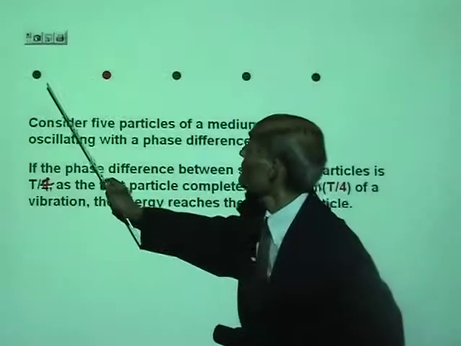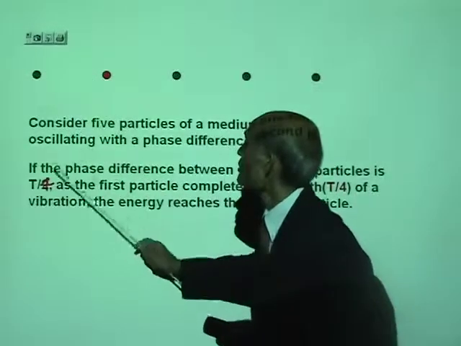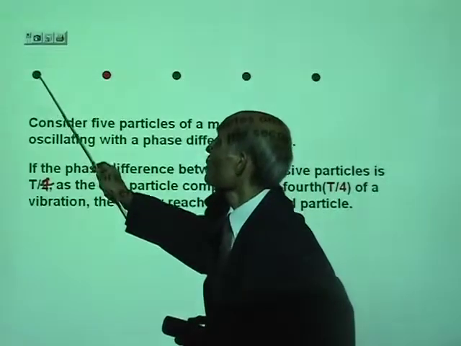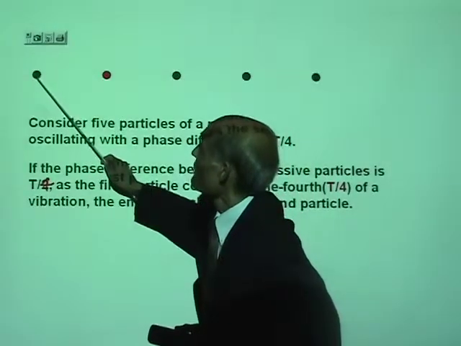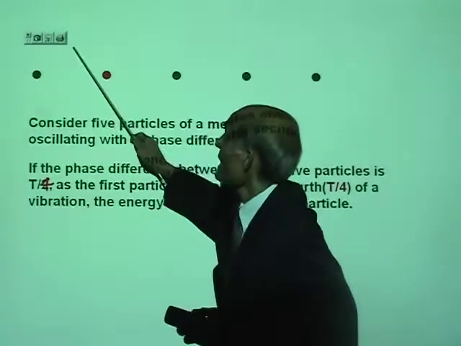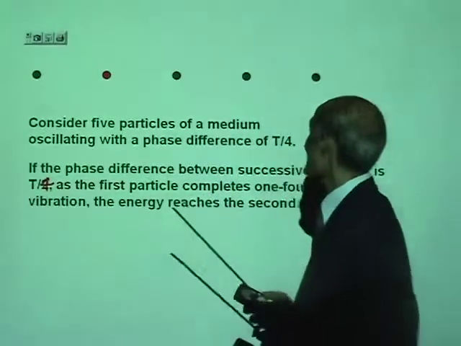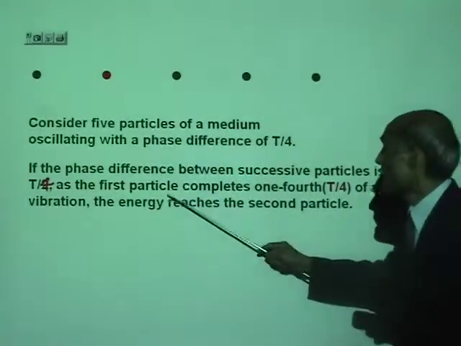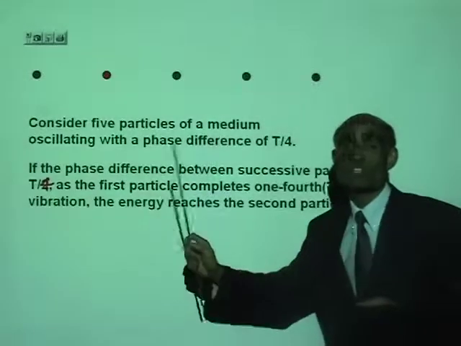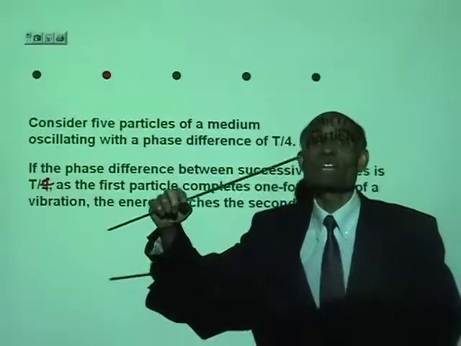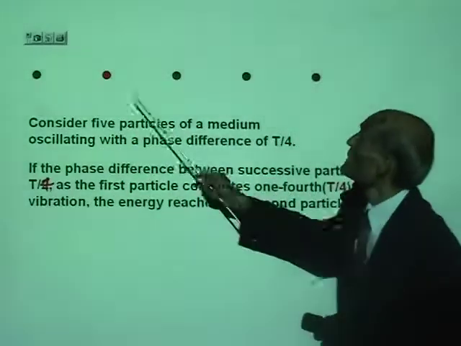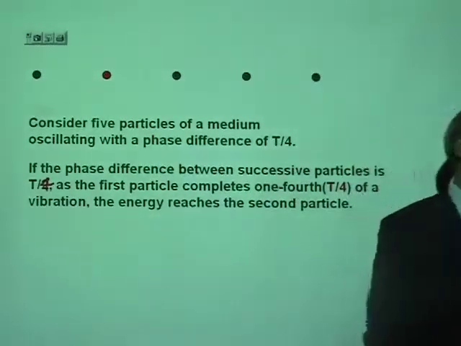So if the phase difference between successive particles is T by 4, it means as the first particle vibrates from its normal position and reaches the upper extreme, the energy will just reach the second particle. As the first particle completes 1/4 of a vibration, from the normal to the upper extreme, the energy reaches the second particle.